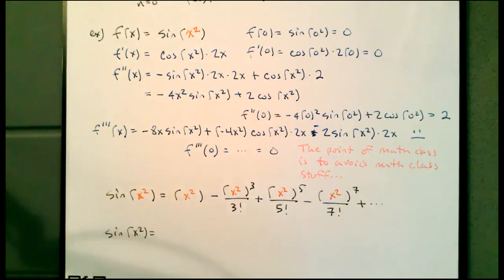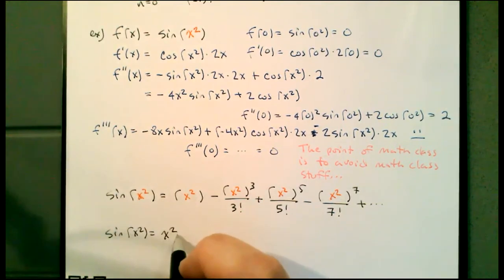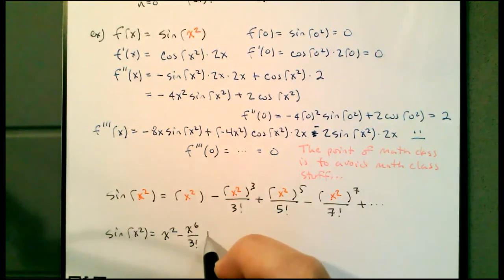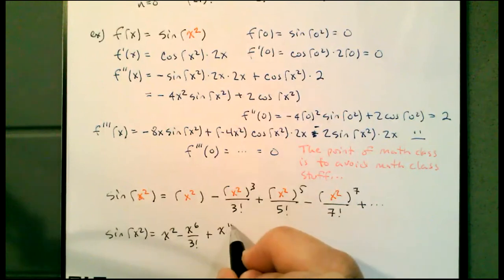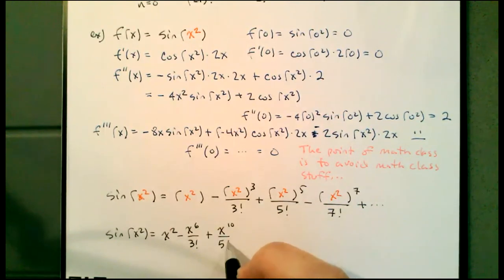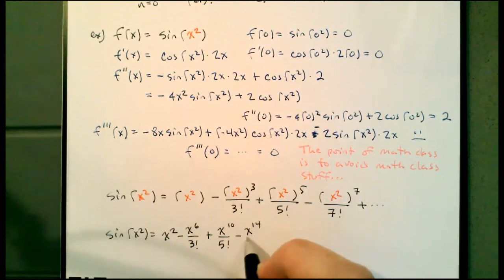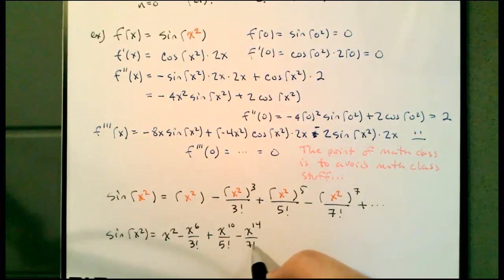Sine x squared. The Taylor series for sine of x squared is going to be x squared minus x to the 6th over 3 factorial plus x to the 10th over 5 factorial minus x to the 14 over 7 factorial, and so on.